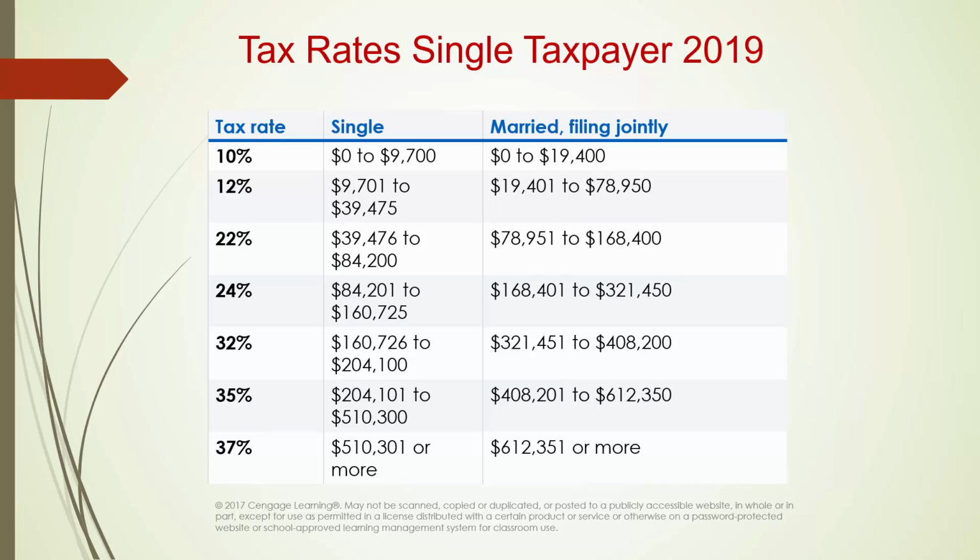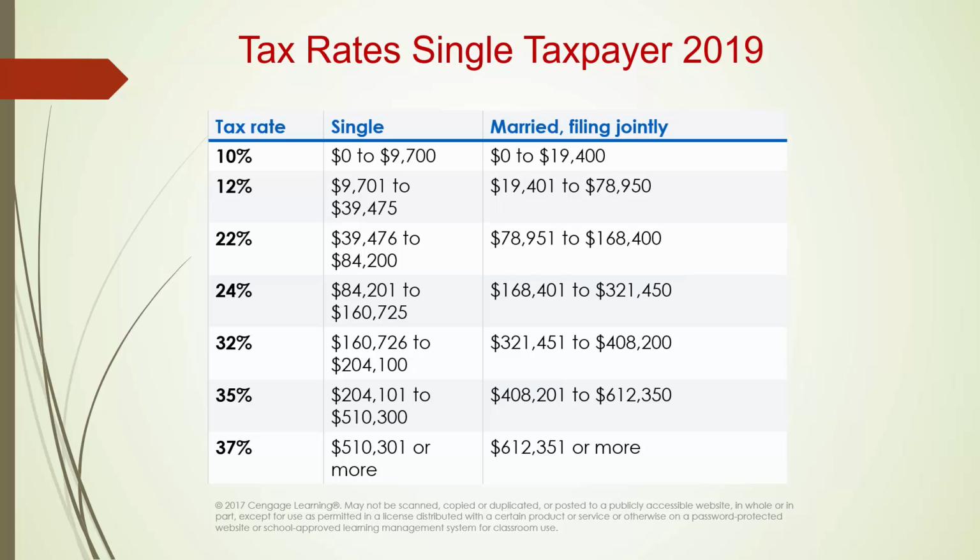Okay, so using this, the first $9,700 is taxable at 10%. What's the difference between 9,701 and 39,475? $29,775. So that chunk is taxable at 12%.